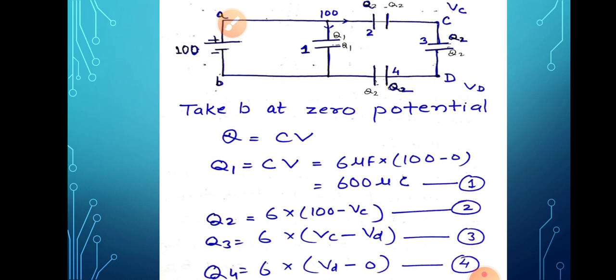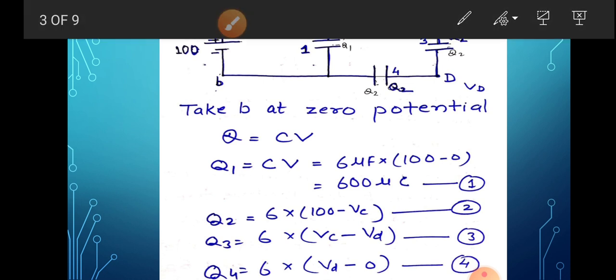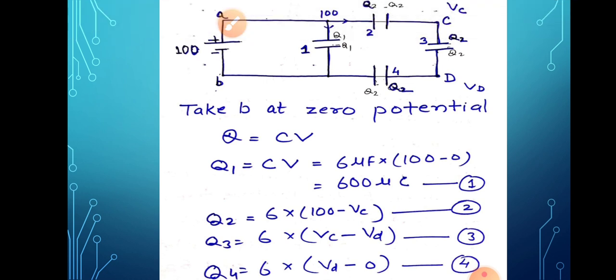Here the capacity is 6 microfarad, and the potential of this point A is 100 and B point is at 0 potential. So the potential difference between these two will be 100 minus 0, so Q1 will be 600.